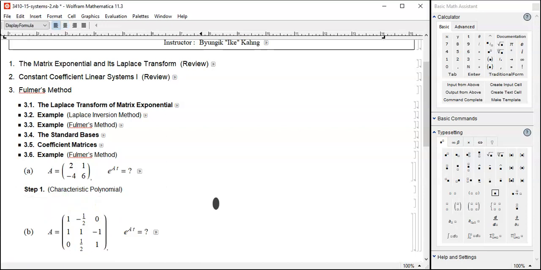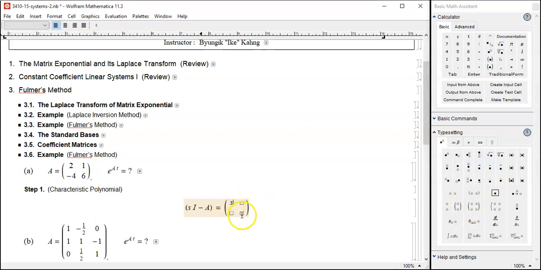So, okay, how do you do that? That is, we have to calculate sI minus A, this matrix. And that is this is sI minus A, and A is given like this.